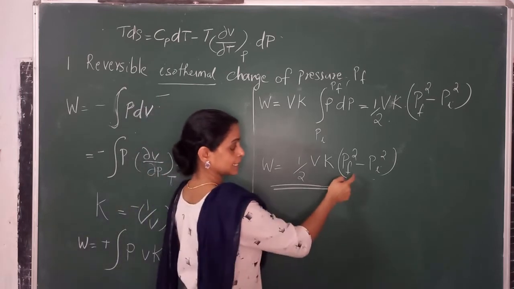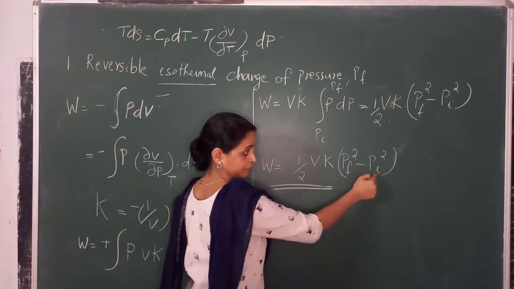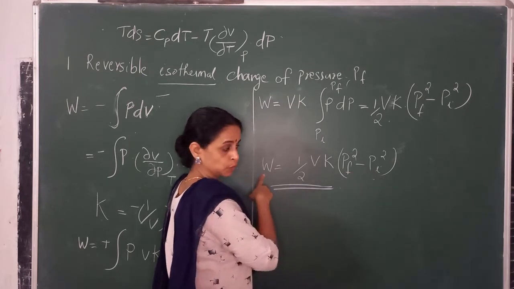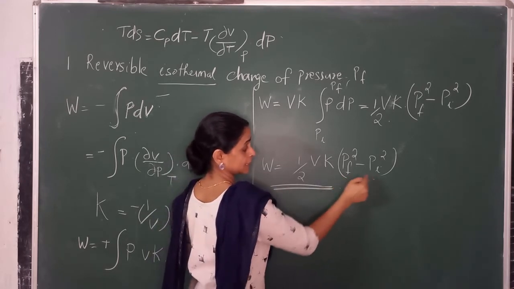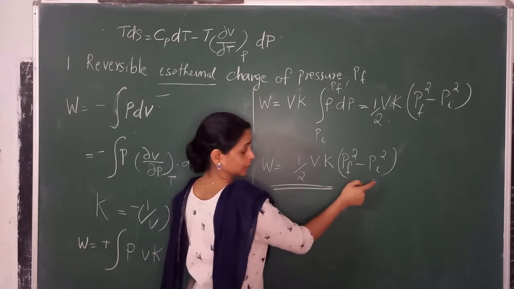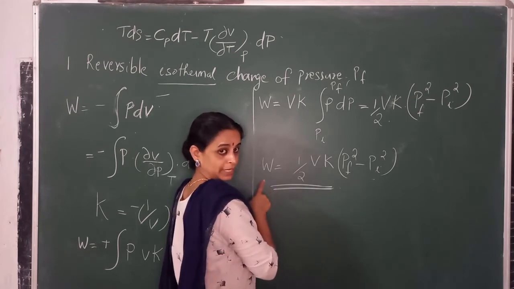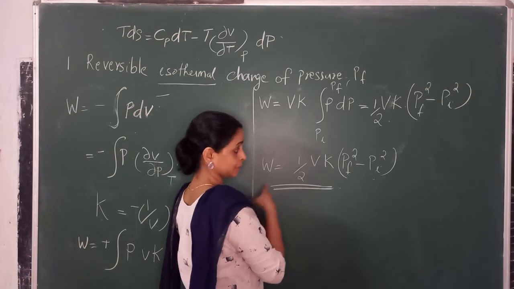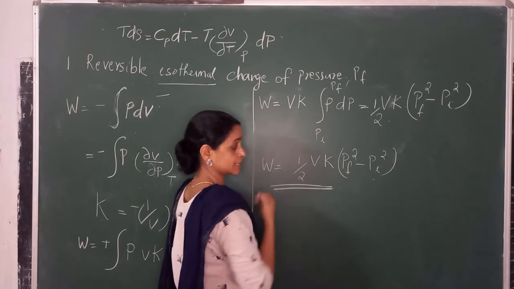So if there is an isothermal increase of pressure, then you can see that this work done is a positive one. Then if there is a decrease in pressure, then you will have a negative work done. That means work is done by the system. If there is an increase, work is done on the system.